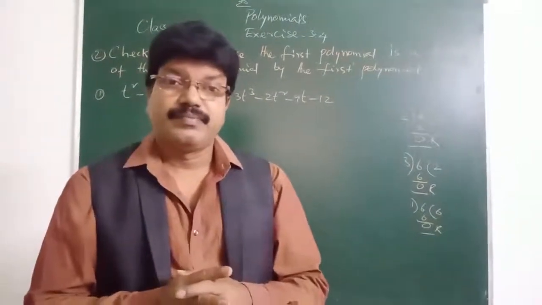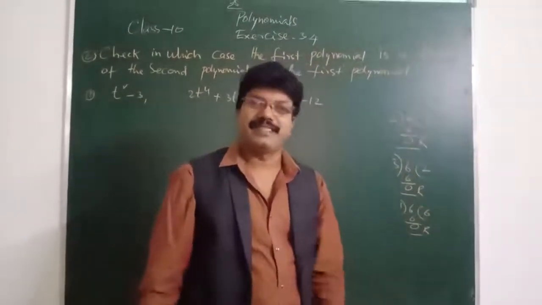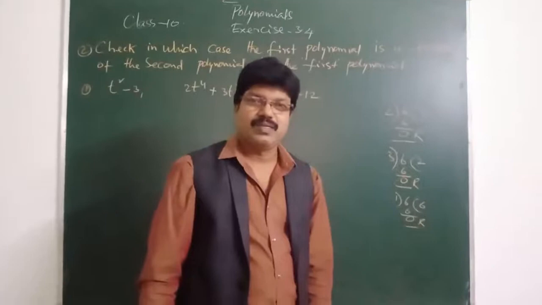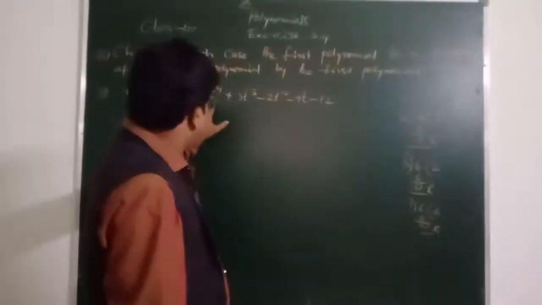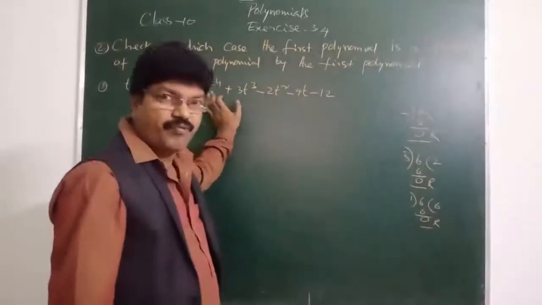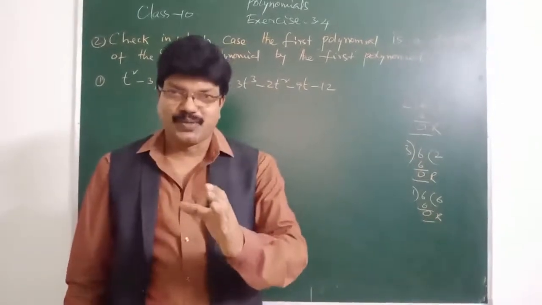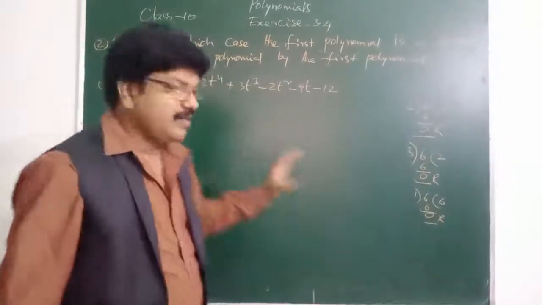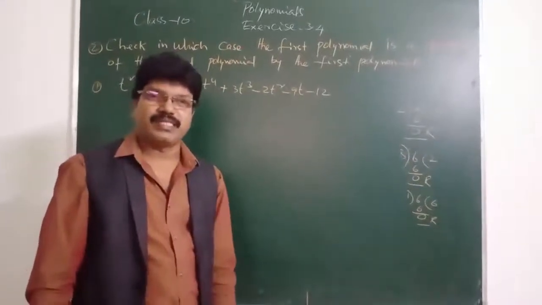So 2 and 3 are also factors of 6. So if we divide p of x by t square minus 3 and we get the remainder 0, t square minus 3 is a factor of p of x.